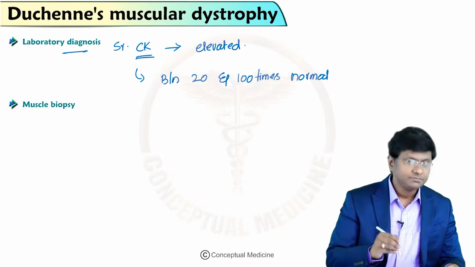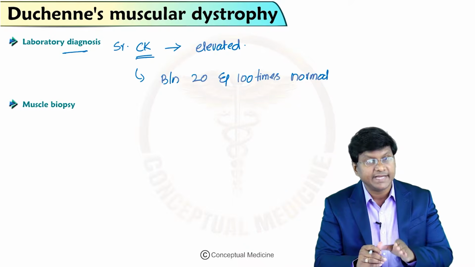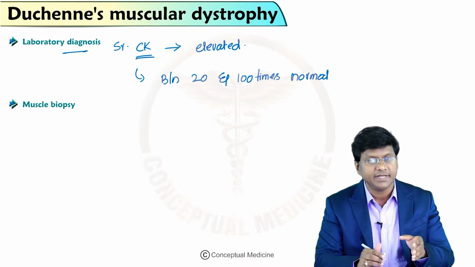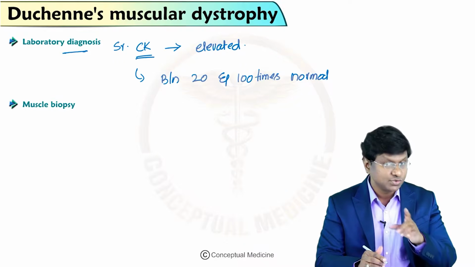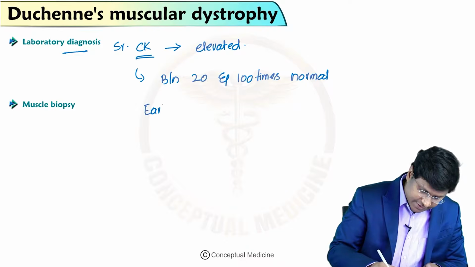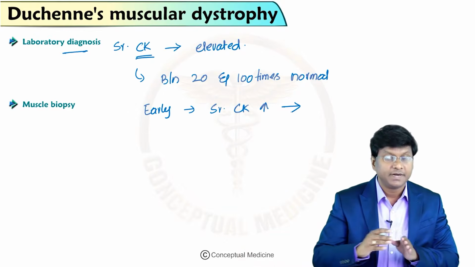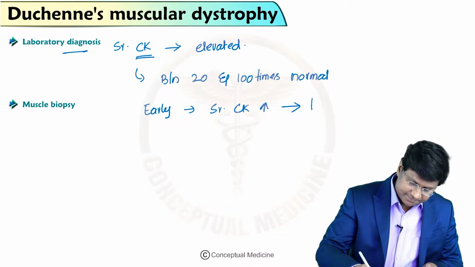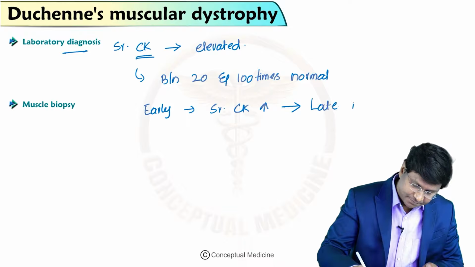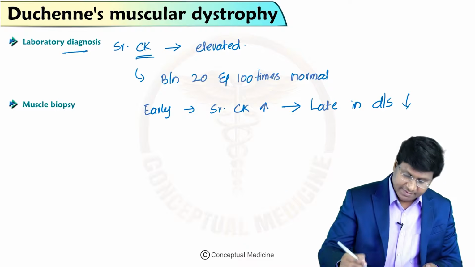And the levels are abnormal at birth but decline late in the disease because of inactivity and loss of muscle mass. So this is a very important point. In early stages of the disease, the serum creatinine kinase levels are elevated, but late in the disease, the levels may be reduced.